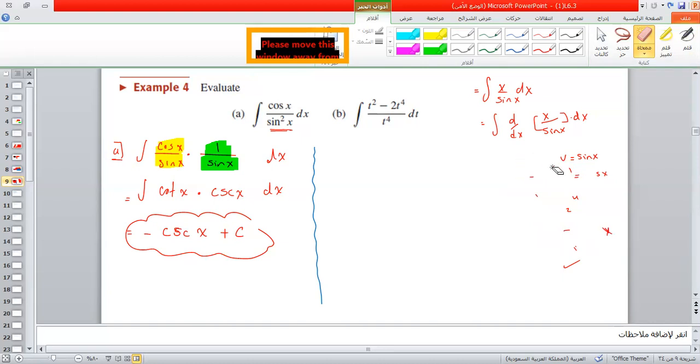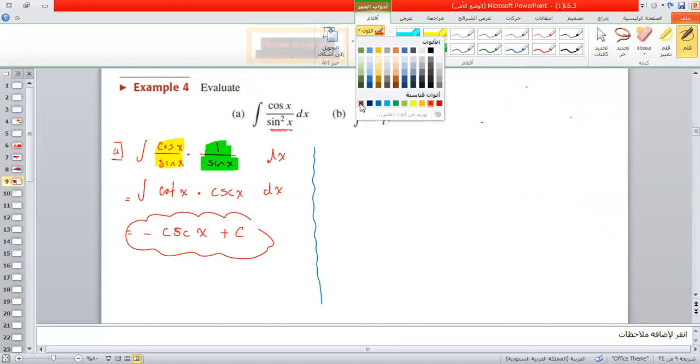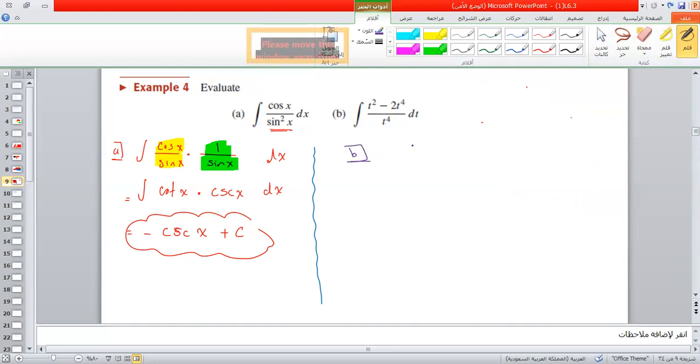Okay, for letter B, who can solve letter B? Who can think how to use trigonometry or any other way to solve this question? In letter B, we have a common denominator, t to the power of 4.